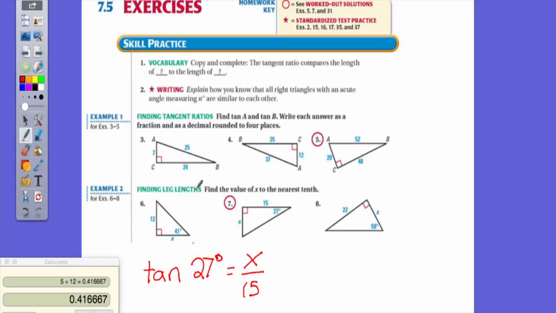So in your calculator, 27 and the tan button, what do you get? 0.5095. Equals x over 15. So if we do 0.5095 times 15, what do we get?